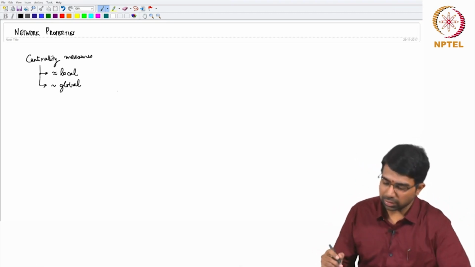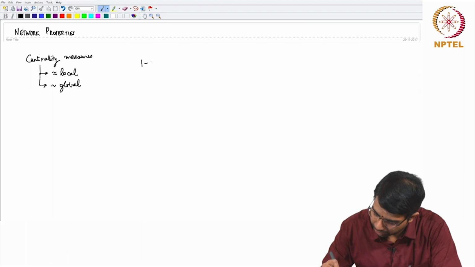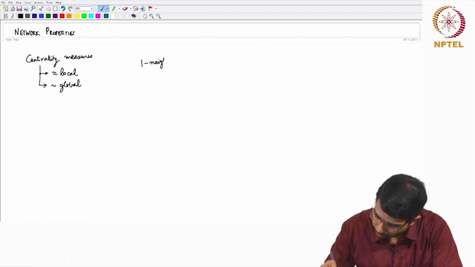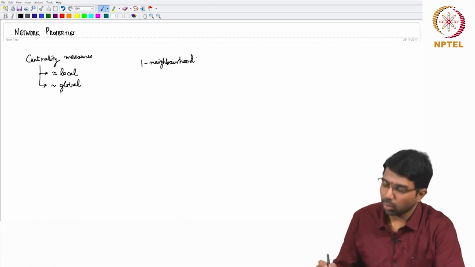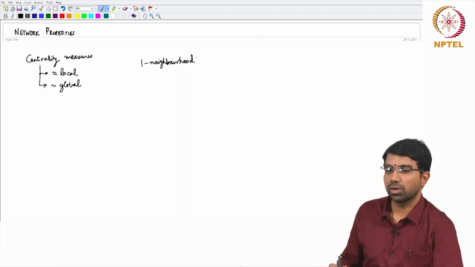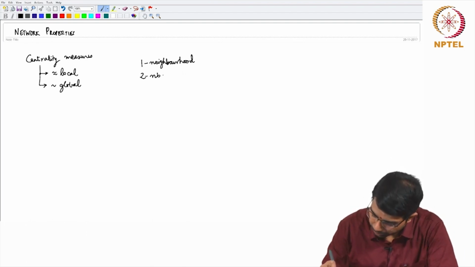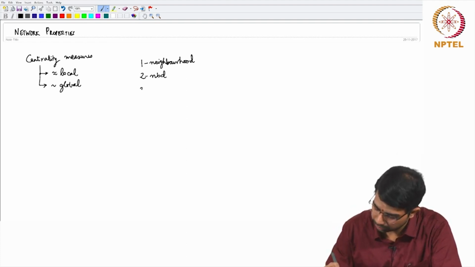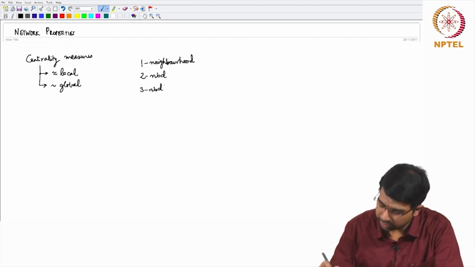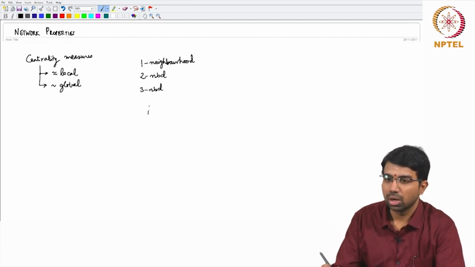So, the other useful things to think about are what is the one neighborhood of a node, or what is the two neighborhood, three neighborhood and so on. What is this?